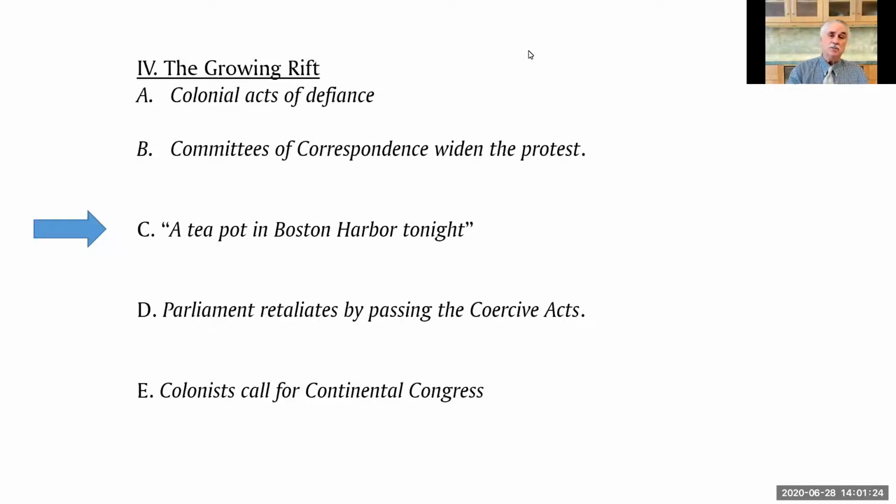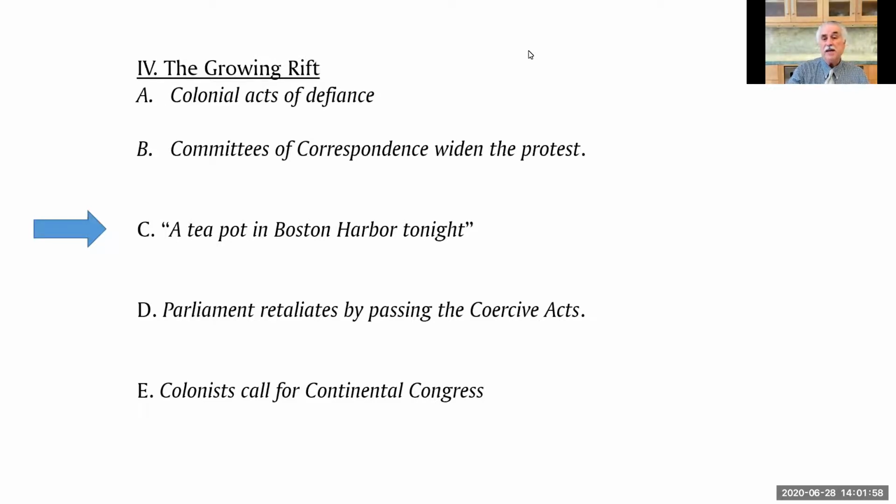So some ships came in, they were down at the harbor, and the word got around that there was tea in there. And so the Sons of Liberty formed mobs to go down to the harbor and prevent the tea from being offloaded. So the governor of Massachusetts, Thomas Hutchinson, told these protesters, I will give you so many hours to leave, and then I'm going to send in army troops, and they will forcibly offload the tea.